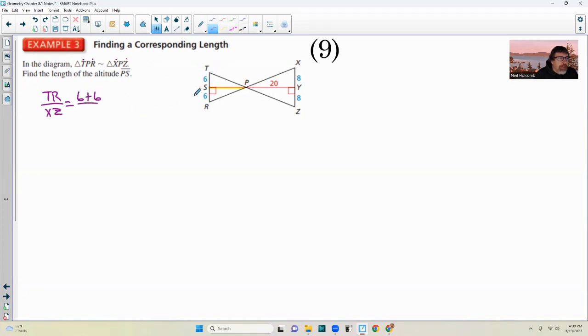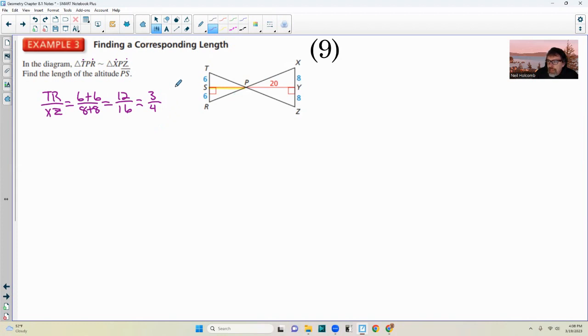So the total length. And XZ is XY plus YZ, which is 8 plus 8. So TR is 12 and XZ is 16. So that's the first step. So 12 over 16, if I reduce that, 4 will go into 12 3 times, and 4 will go into 16 4 times. So my scale factor is 3/4.